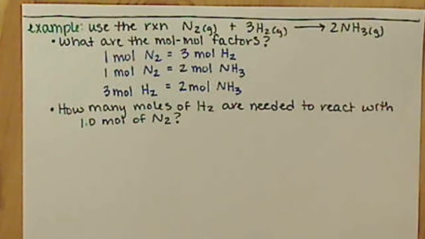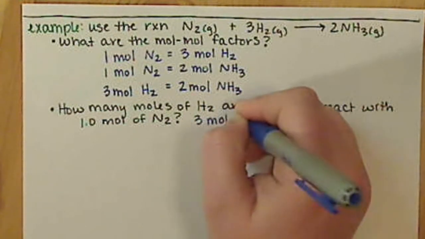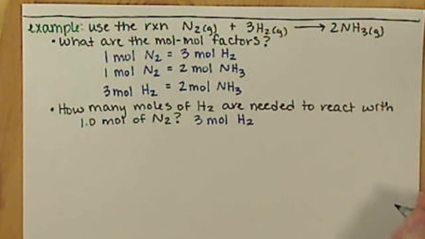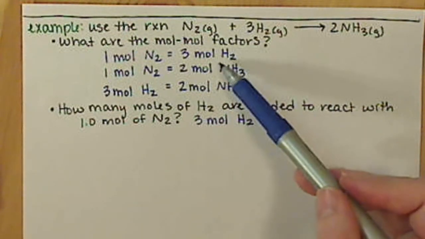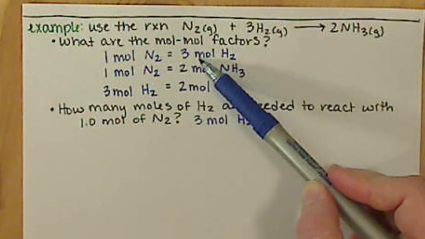How many moles of hydrogen are needed to react with 1 mole of nitrogen? Well, hopefully most of you are saying that we have 3 moles of hydrogen, because if we look at our mole-to-mole factors, if we have 1 mole of nitrogen, we need 3 moles of hydrogen.